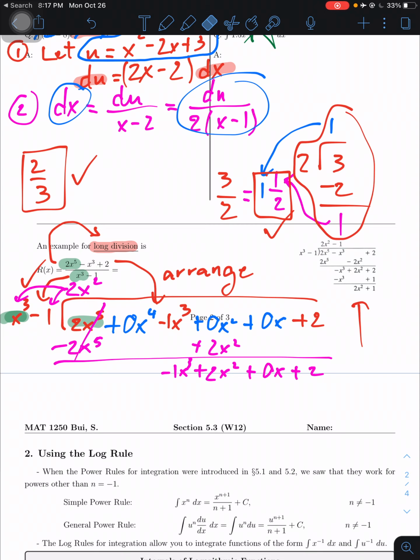Okay? So now let's talk about the x cubed in here. It is the highest power on the right side, right? And then we're going to take it divided by x cubed on the left hand side. After you do that, you're going to get a -1, right? So then you're going to do the same thing in here. You're going to multiply the -1 to x cubed and also to 1.